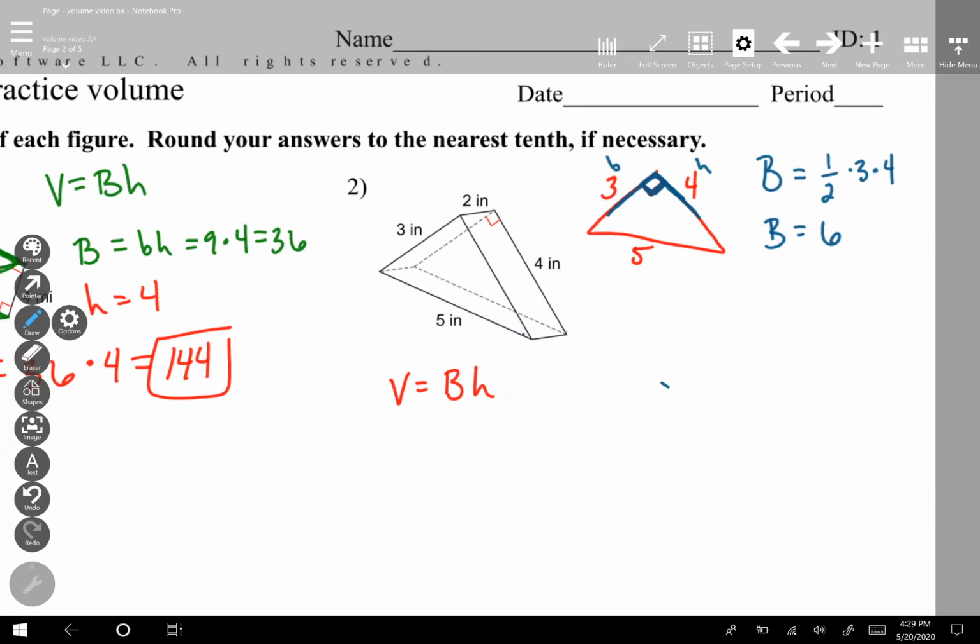So that's in terms of pi. Now if I want this rounded to the nearest tenth, well, I just do 42.7 and multiply it by pi. And make sure that you are using the pi symbol in the calculator. So I get 134.1. Okay? So there you go.